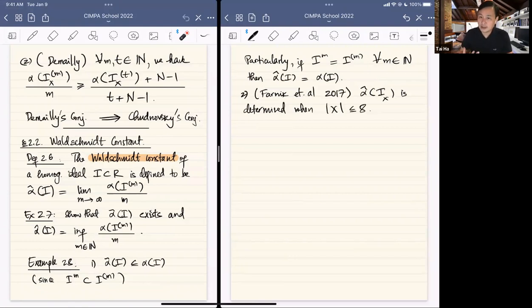Right, so if you have fewer than 8 points, then the Waldschmidt constant is known, so one can check all kinds of inequalities. However, if you have more than 9 points, things get a lot more complicated. And of course, computing the Waldschmidt constant becomes very difficult.